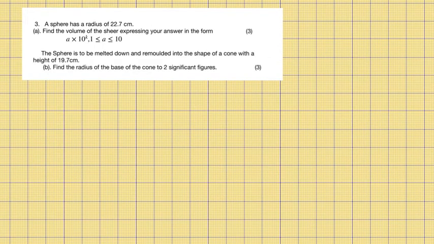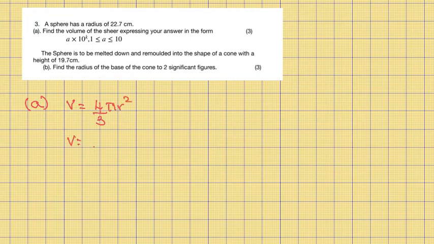Question 3. A sphere has a radius of 22.7 centimeters. A. Find the volume of the sphere, expressing your answer in the form A times 10 to the power of K, where A lies between 1 and 10. Well, the volume of a sphere is equal to 4/3 pi r cubed.